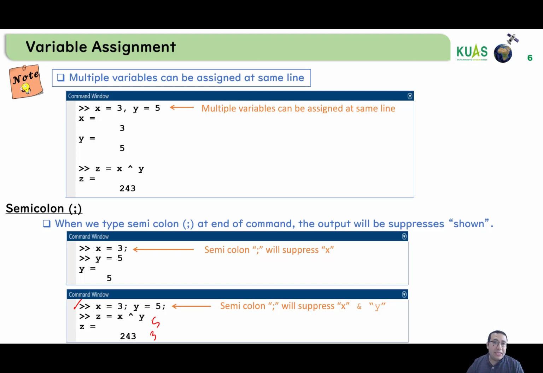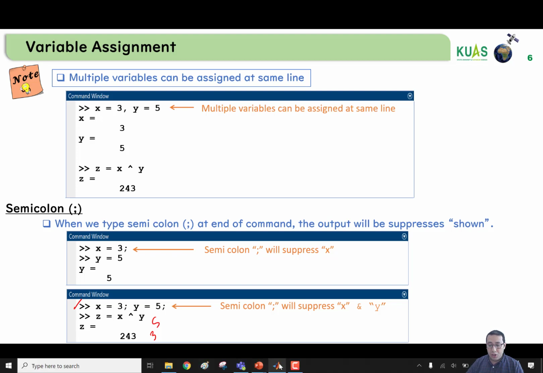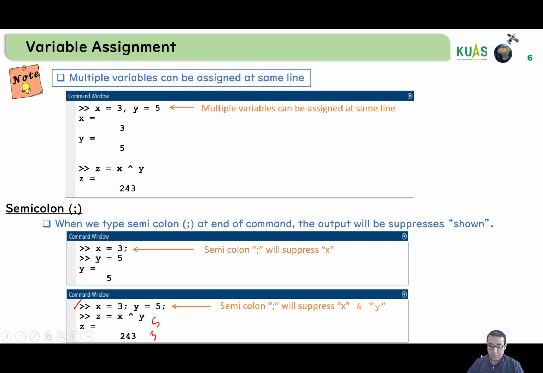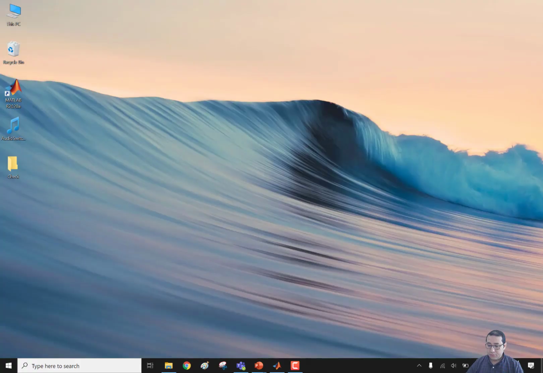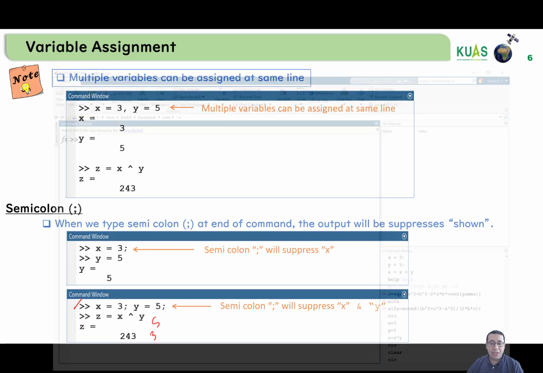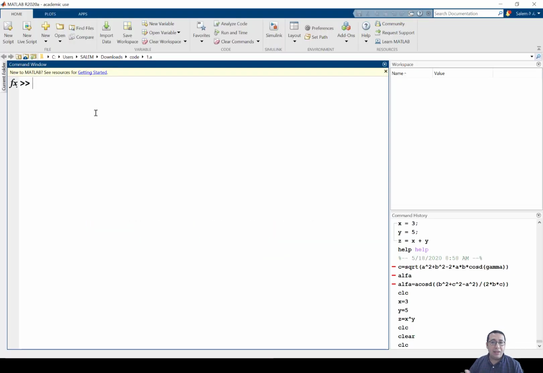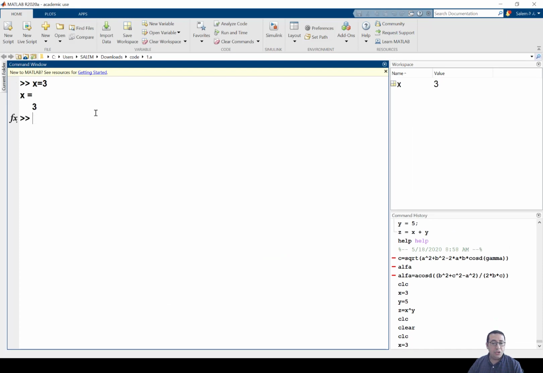Let's first check that in MATLAB. Let's go to MATLAB. I already opened MATLAB. And then, as I showed, if I say x equals 3, enter, MATLAB will reply for us.